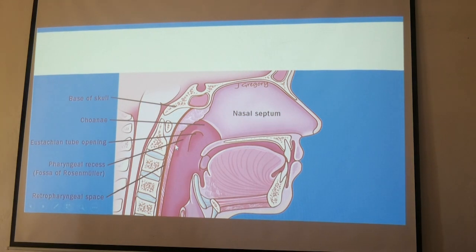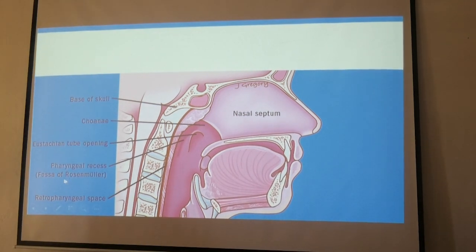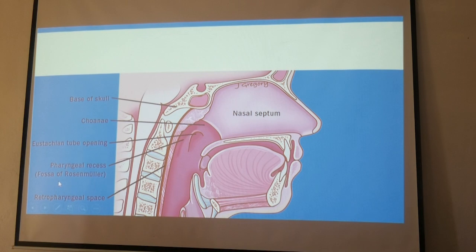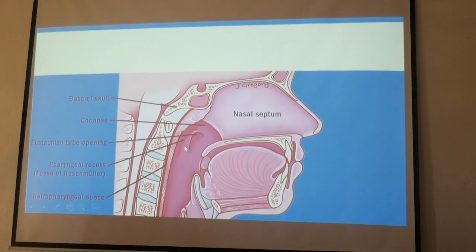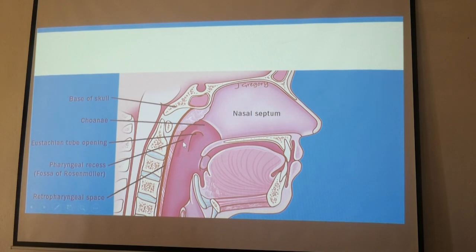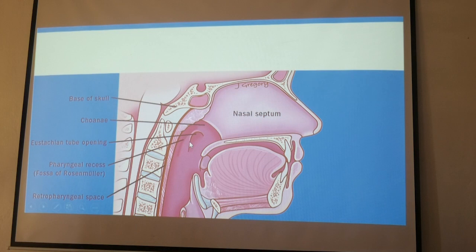So this is the one thing you have to see, which one is known as the fossa of Rosenmuller. So where there is the opening of the PG tube, just back of that there is one elevation. Okay, এই এলিভেশনটাকে আমরা বলছি that this is the fossa of Rosenmuller.